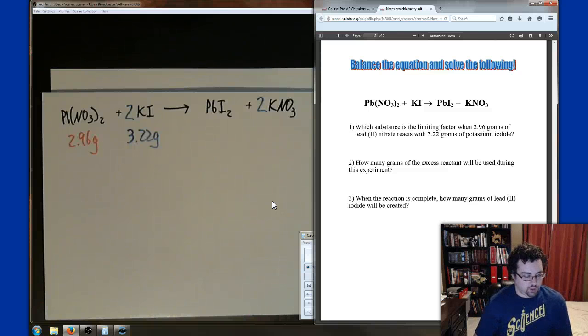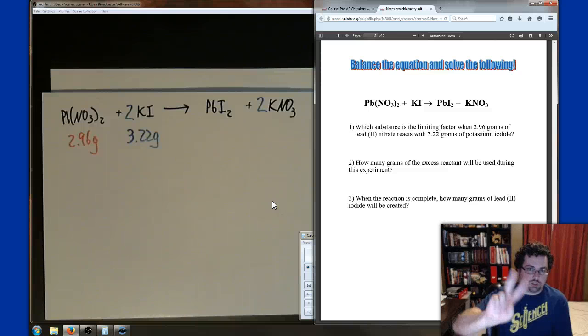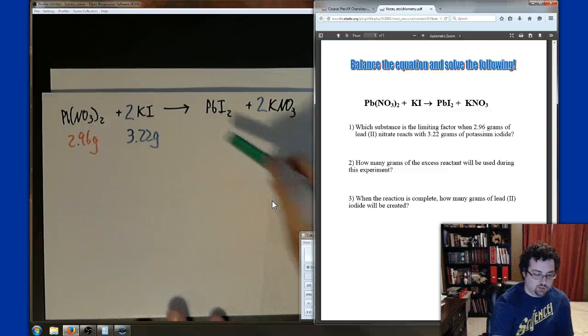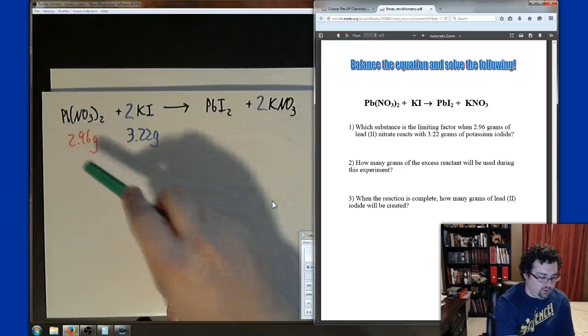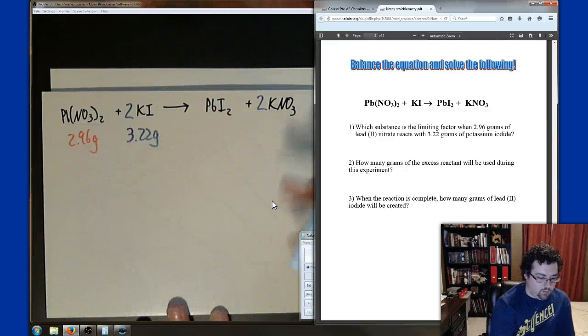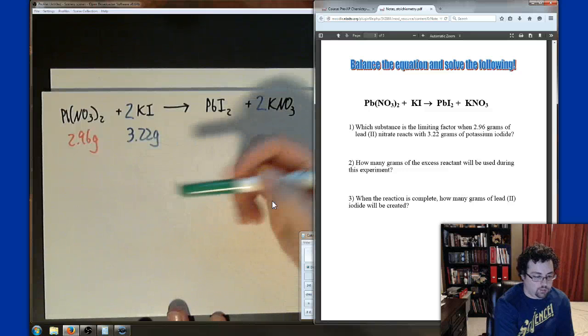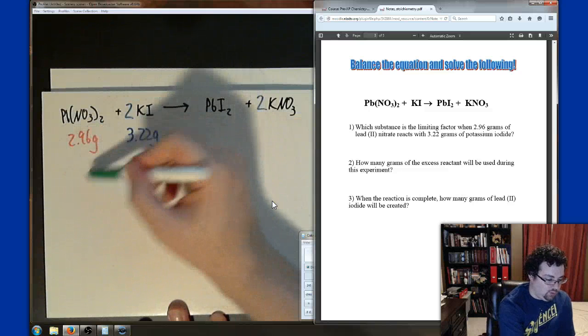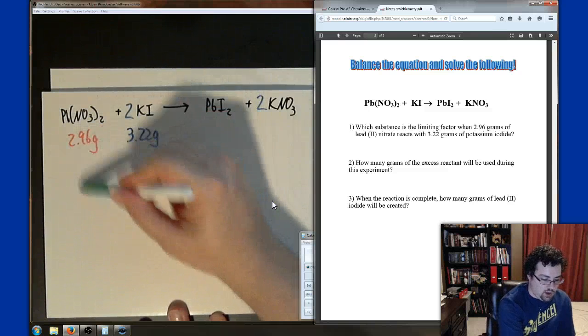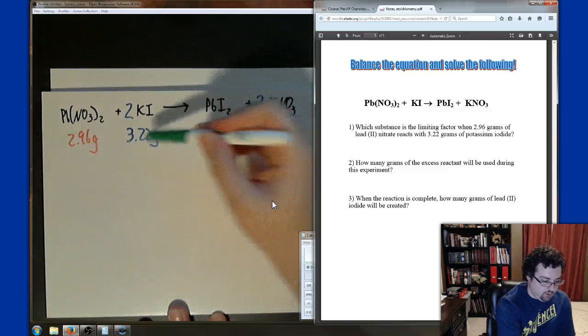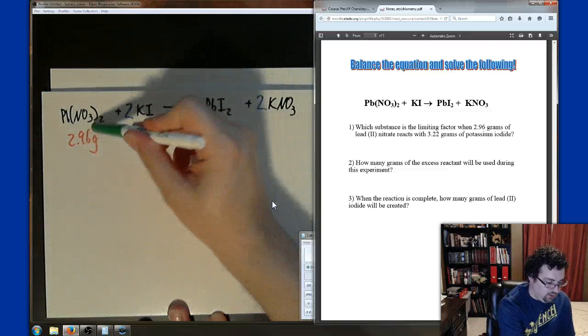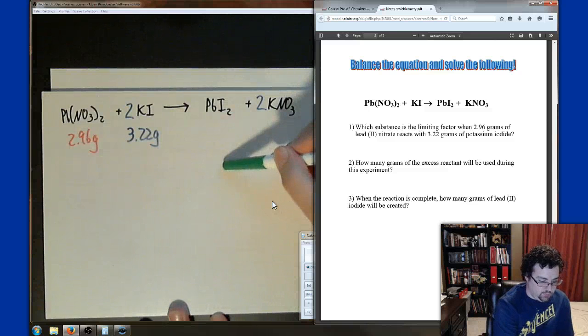Basically, you're going to do the same calculation twice. You determine how much product this amount of one reactant will make if I react it with an unlimited amount of the other, and then how much the other amount will make.